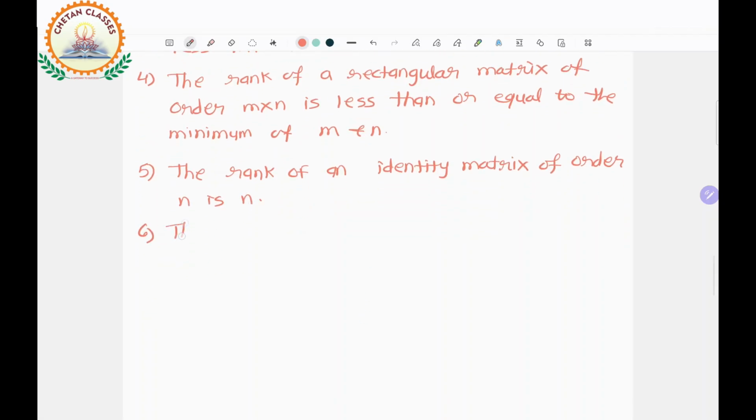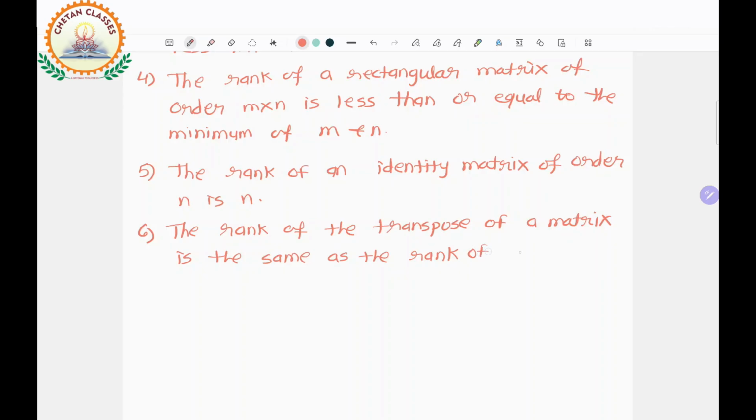Sixth, the rank of the transpose of a matrix is the same as the rank of the matrix.